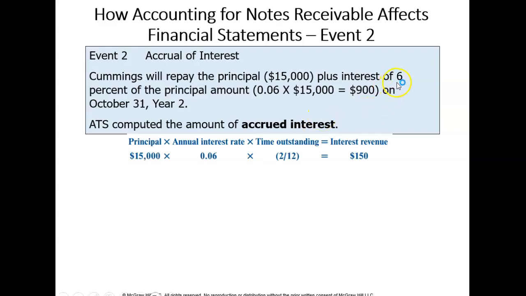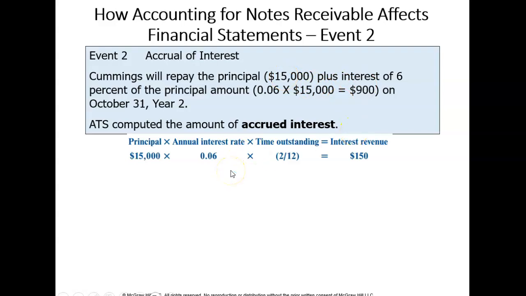Now, this 6% is the annual interest rate, the rate for an entire year. But this note has only been outstanding for 2 months by the end of our accounting period.